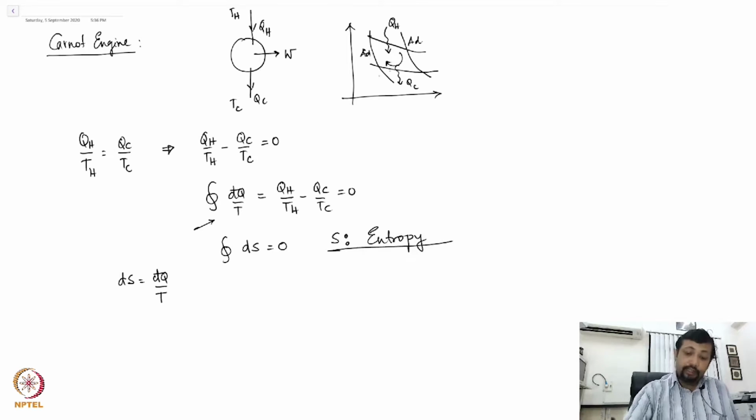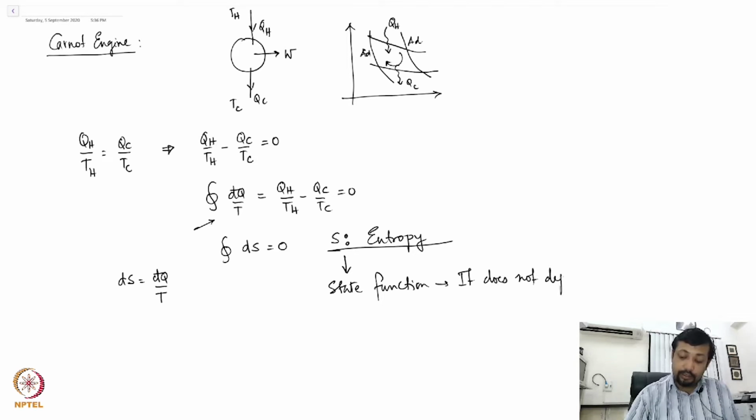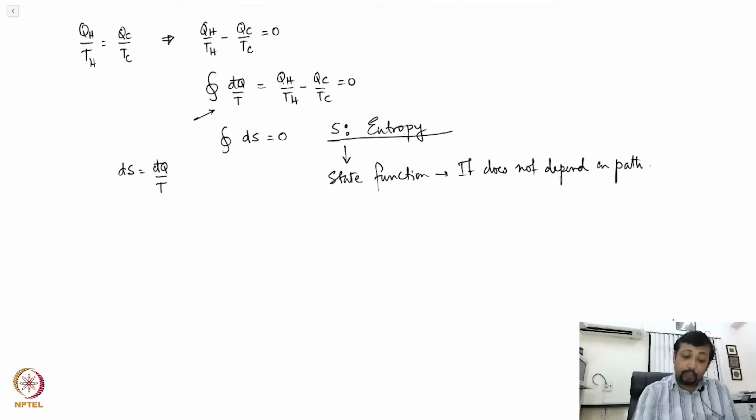There is no change in the entropy because the system comes back to its original starting thermodynamic state, and therefore I conclude that this is a state function. It does not depend on path.